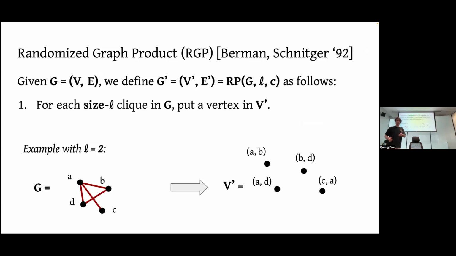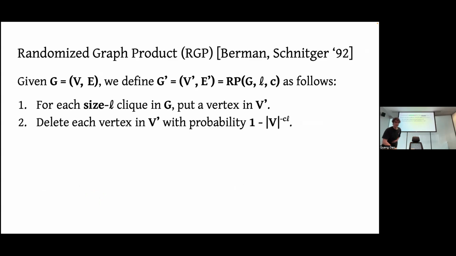If we just take L equals 2, then these L cliques are precisely pairs of vertices that have an edge between them. In our original graph G, we have 4 such edges, thus 4 such pairs of vertices, and V prime has exactly those as its vertices. Okay, and for the second step, we're going to delete nearly all of the vertices that we just put in V prime.